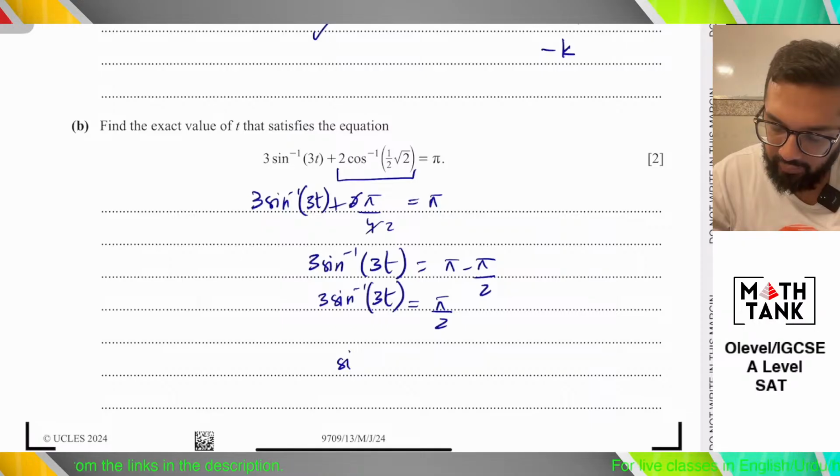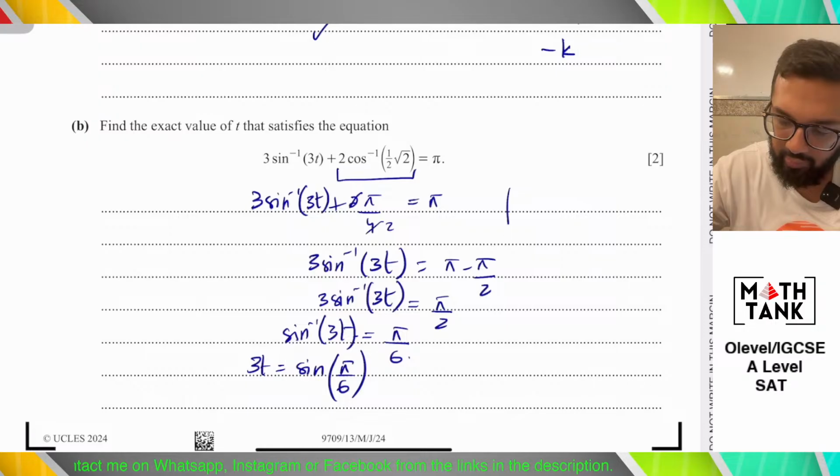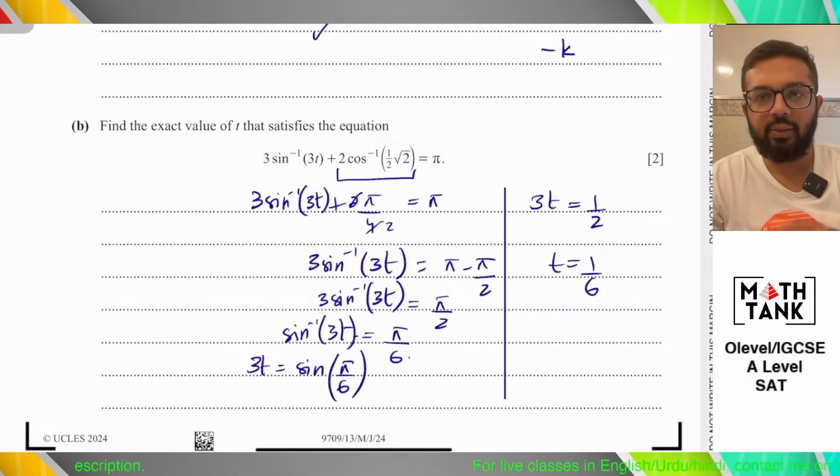Sine inverse of 3t equals to pi over 6. 9 pi over 6 is half. 1 over 6.